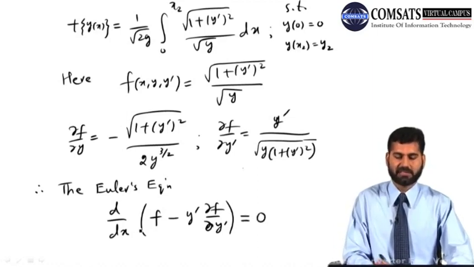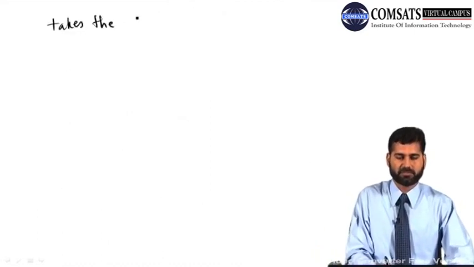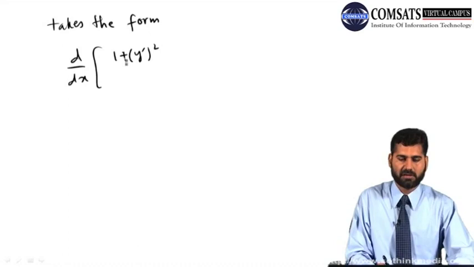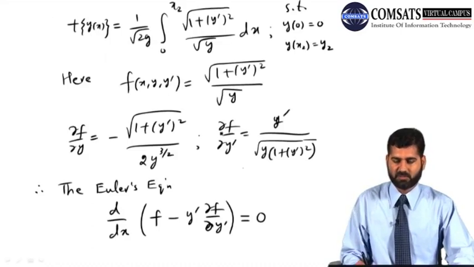Then the Euler equation takes the form d by dx of f, which is 1 plus y prime square root by y prime. This is your f, and minus y prime and this thing, right?